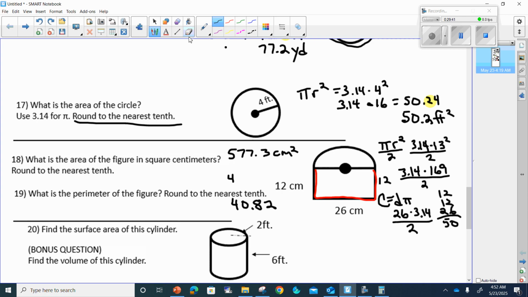But let's not forget, that's only the distance around the semicircle. So basically, that's the distance from here to here. So now we have to add this to what we found over here, which was 50.